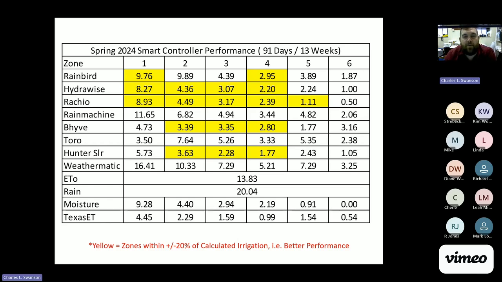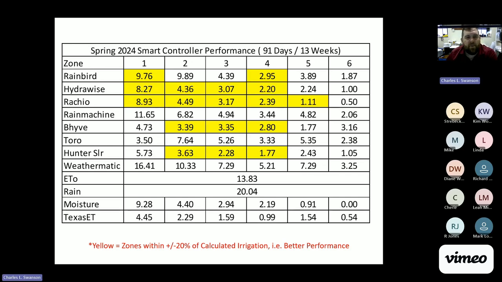In the spring, these 91 days, 5 of the 6 stations were within 20% of our calculations. The Hunter HydroWise had 4 stations, and then the Beehive and the Solar Sync had 3 stations. Some controllers were not within 20% of our calculation at all. So that's a bit concerning.